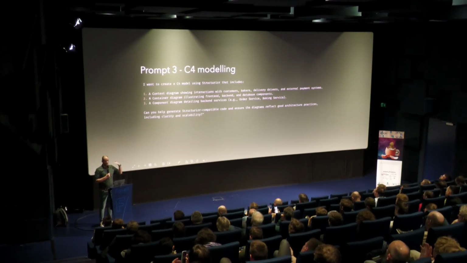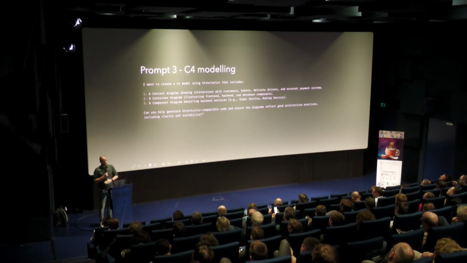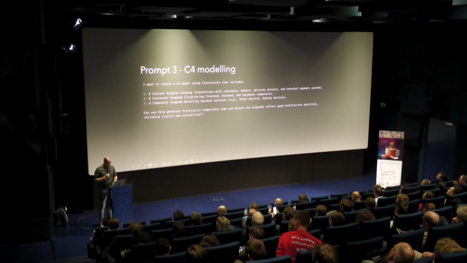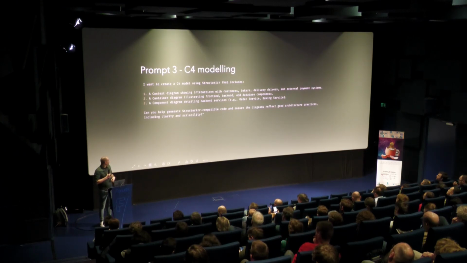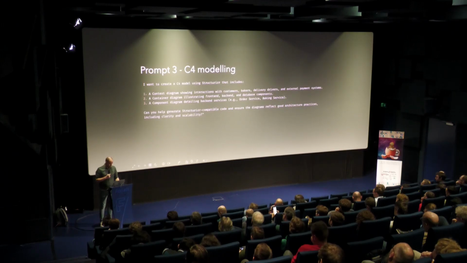Those are the first three abstraction layers of C4. The context being the least detailed at the highest level, and the component diagram with the most detail on the lower levels. And I'm asking it to create Structurizr compatible text, so we can generate those diagrams.